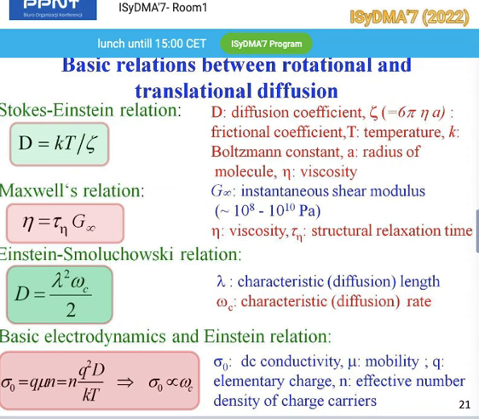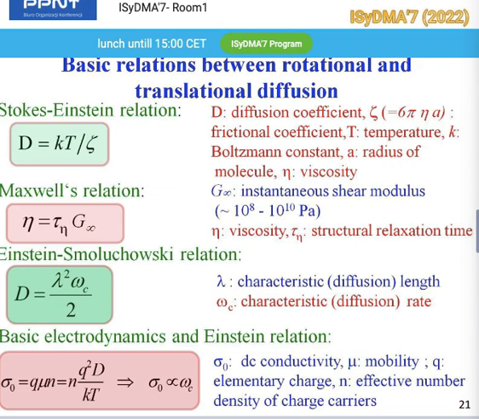We need this relation, which makes a relation between the viscosity and the structural relaxation time, tau eta. This is also known as Maxwell's relation. A little bit later we need also the Einstein-Smoluchowski relation, which describes a relation between the diffusion coefficient and the characteristic diffusion rate and the characteristic diffusion length.